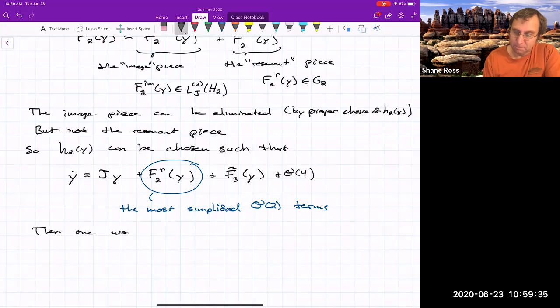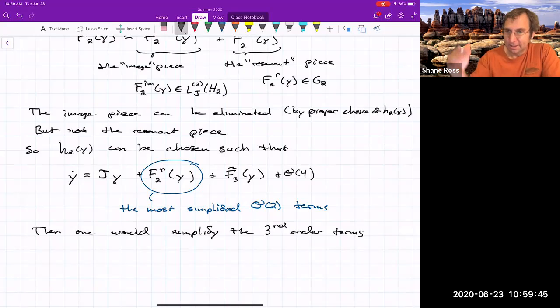So then one would simplify the third order terms, and there'd be a completely analogous approach. And you can automate this. That's the nice thing about it. Because it reduces to linear algebra, it can be automated.